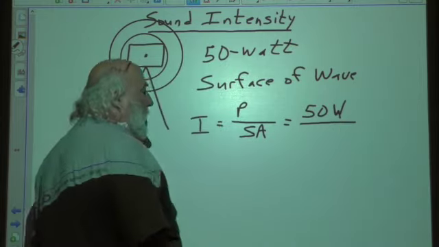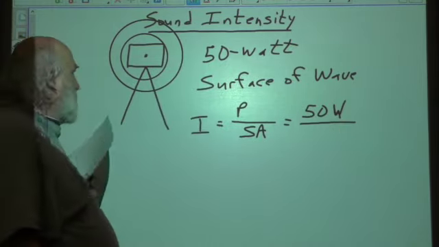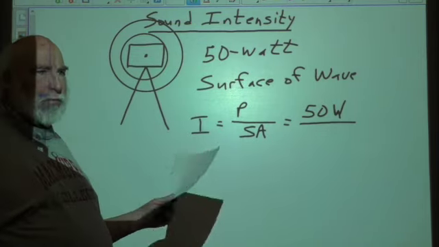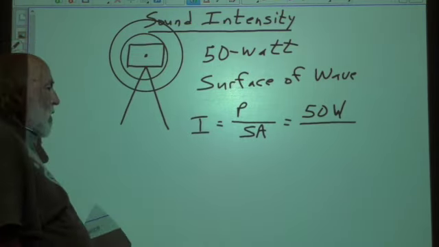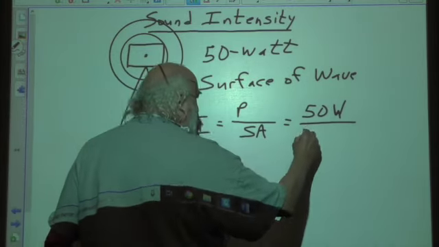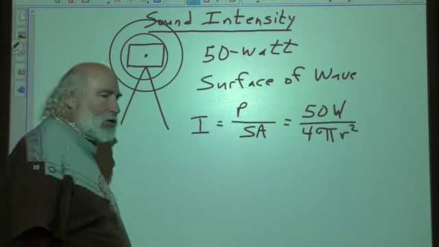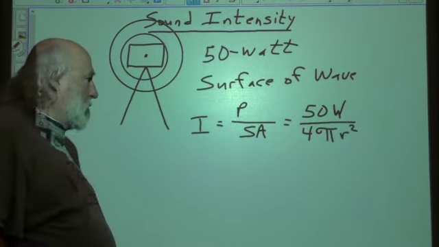But now the question is, how do we find the surface area? Well, what is the surface area of a sphere? If you know your geometry, the ratio is going to be over 4 pi r squared, because that is the surface area.